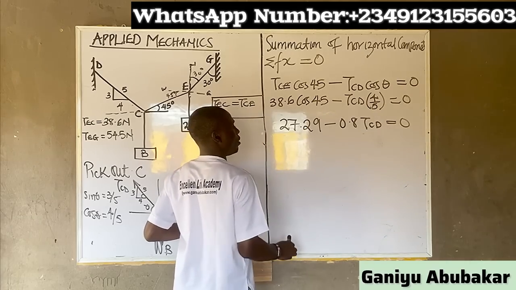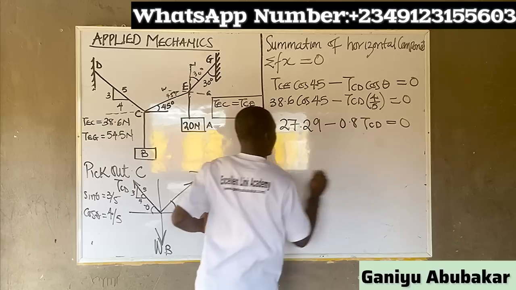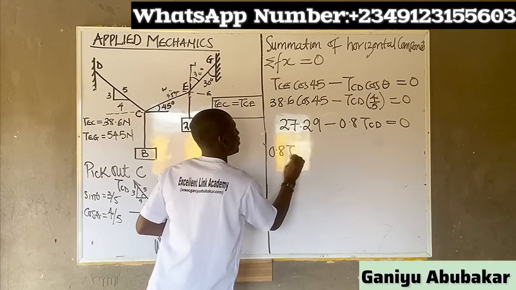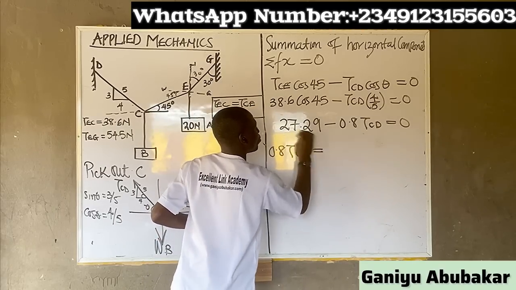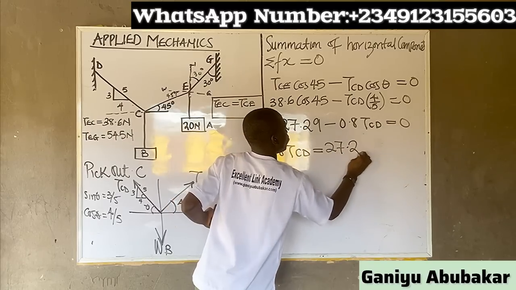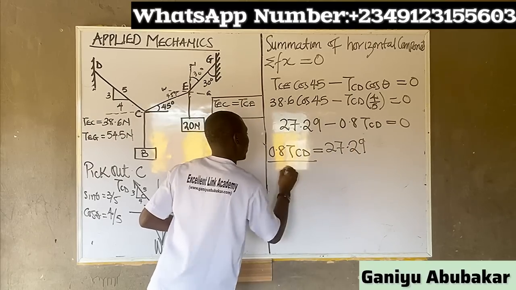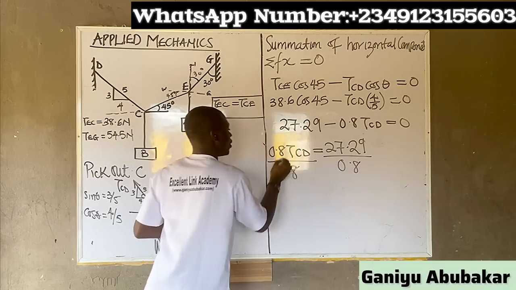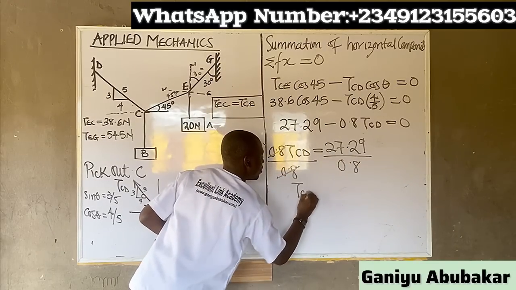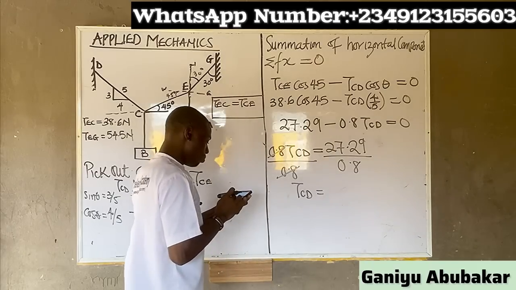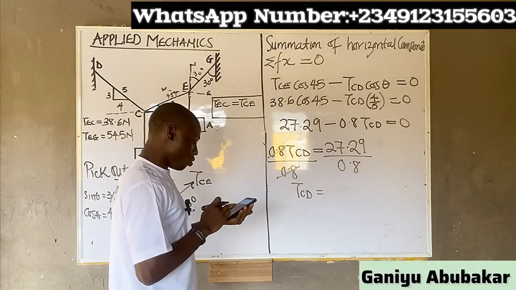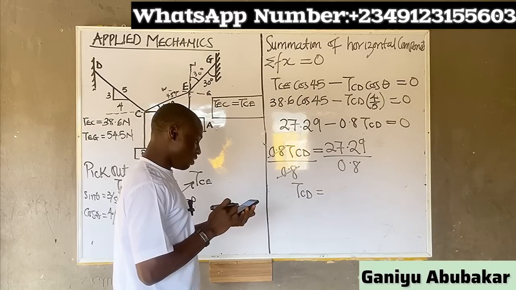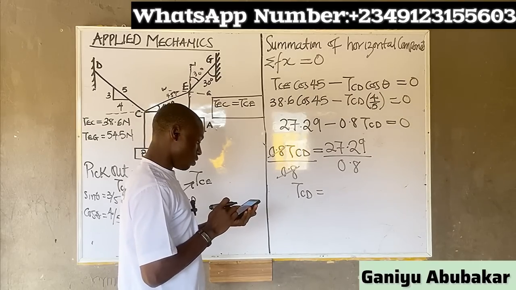Make this the subject of the formula. I'll have 0.8 TCD equals 27.29. Divide by 0.8, this cancels this, so TCD will be equal to 27.29 divided by 0.8.